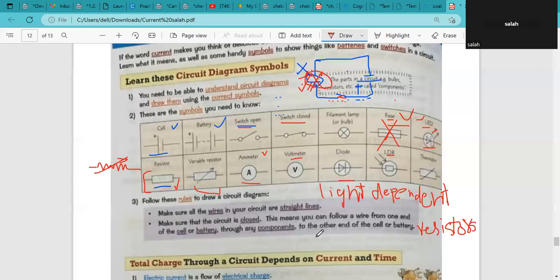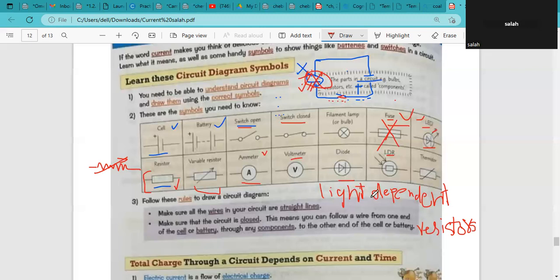When morning appears, it feels the light falling on it and stops the current flow, so the street lights are off.